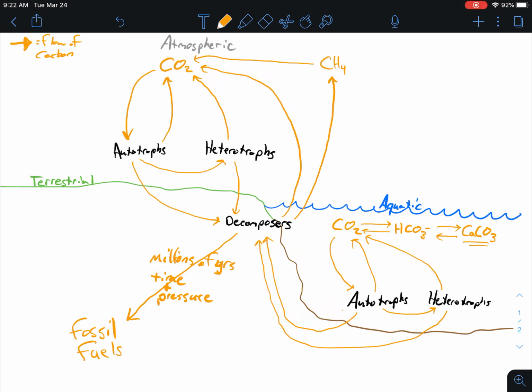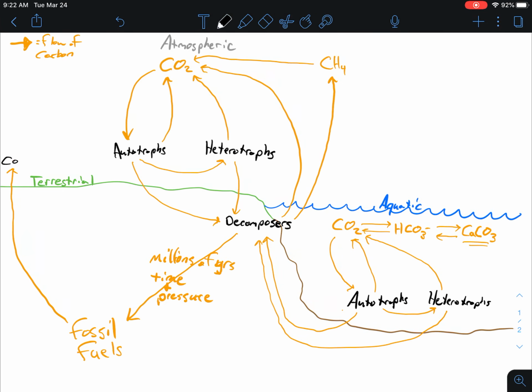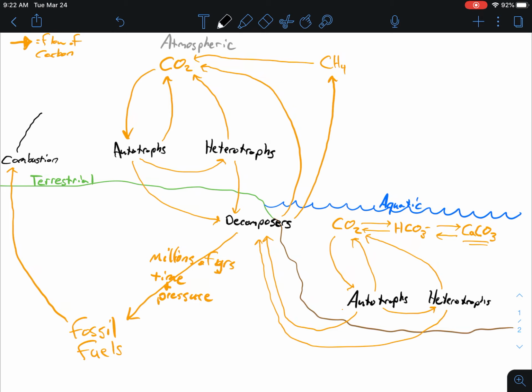Now we, humans, take those fossil fuels and we extract them from the ground, and then we combust them. Combustion. We burn them. That combustion releases that carbon dioxide from the fossil fuel storage into the atmosphere. Now, hopefully you already watched that video on the different fossil fuels. We have natural gas, oil, and coal.